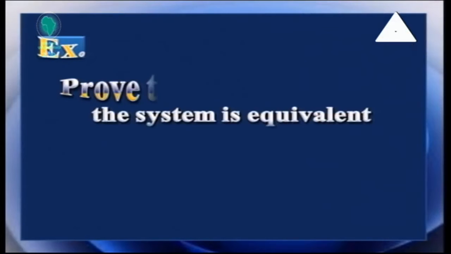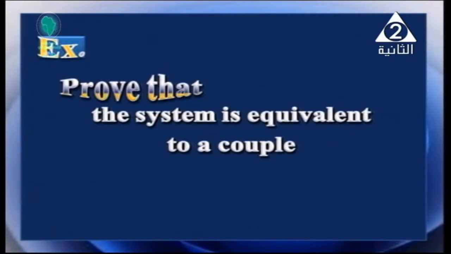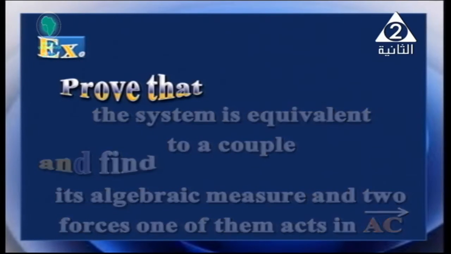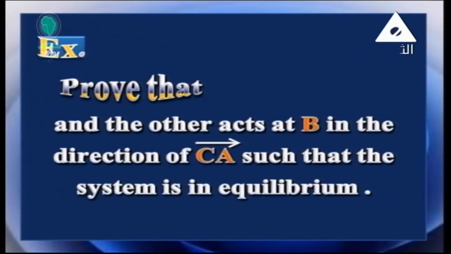Prove that the system is equivalent to a couple. Then find its algebraic measure, and two forces of them act in the AC direction and the other acts at B in the direction of CA such that the system is in equilibrium.